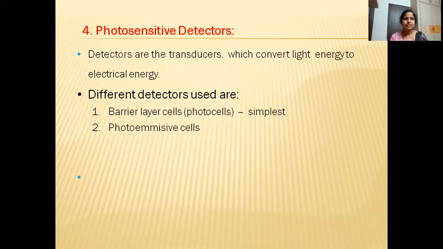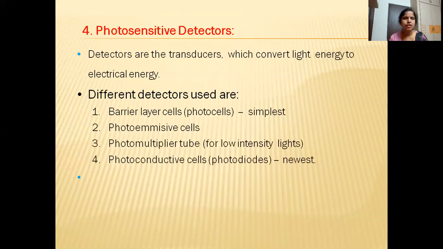The different detectors used are barrier layer cells, which are photocells, the simplest cells; photoemission cells; photomultiplier cells for low intensity light; and photoconductive cells or photodiodes, which are the newest detectors being used now. These are the different types of detectors that we can use in the colorimeter.